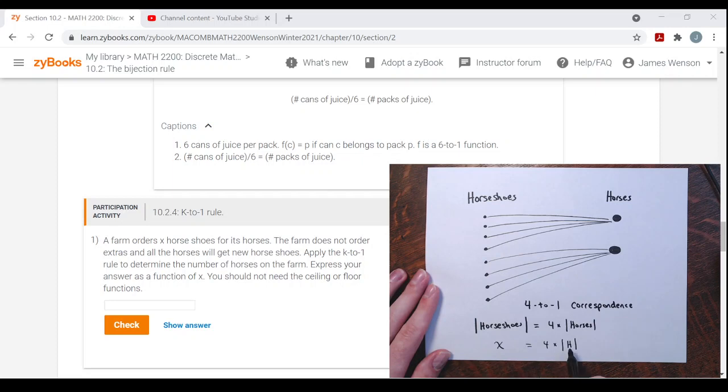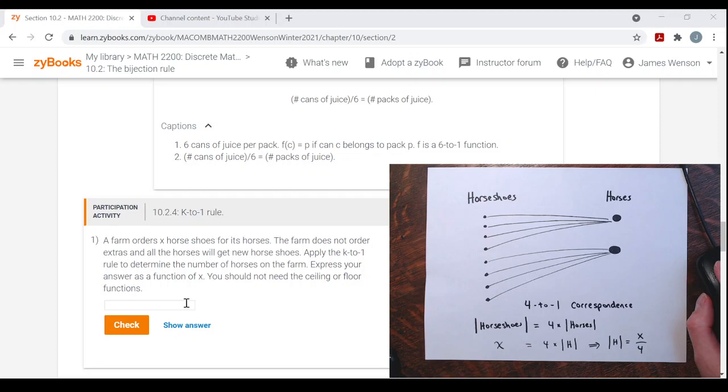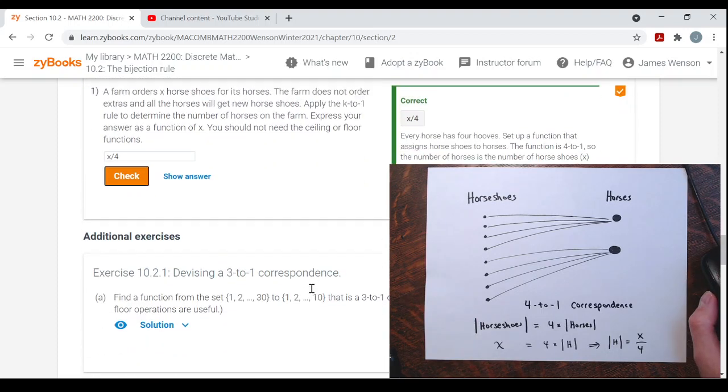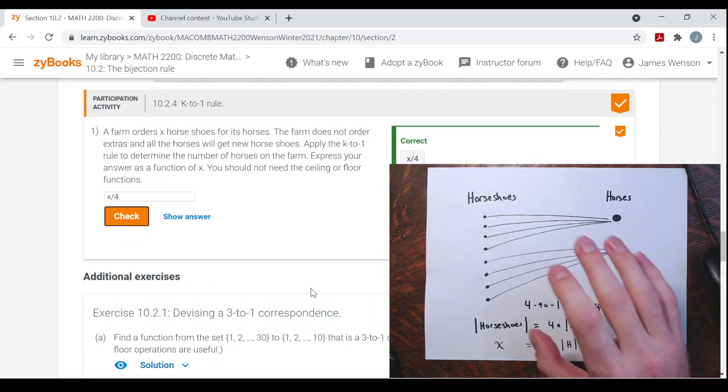So the number of horses, the cardinality of this H set, would be X divided by 4. Very simple. The number of horseshoes divided by 4 would give me the number of horses on the farm, if they didn't order extras, and if all the horses still had all 4 feet and needed to be shod. It would be X divided by 4. So again, that's another simple example.